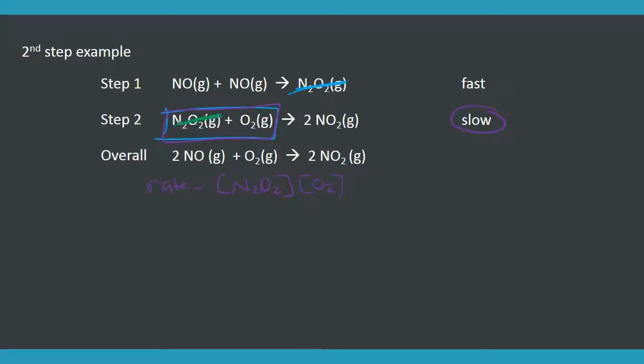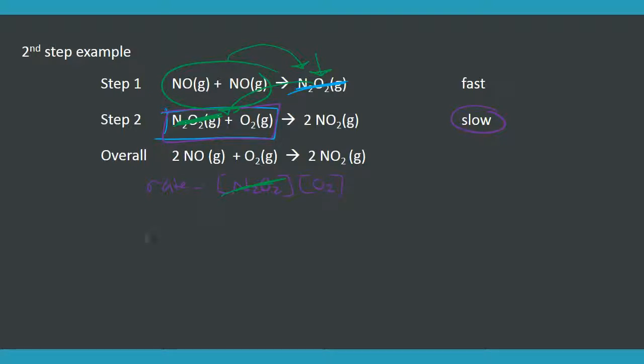The problem is, N2O2 is an intermediate, so it cannot be part of the rate expression. And because it's an intermediate, the concentration of N2O2 available to run that second step solely resides on the ability of the NOs in the previous step to make that N2O2. So the concentration of the products of the first reaction depends on its reactants.